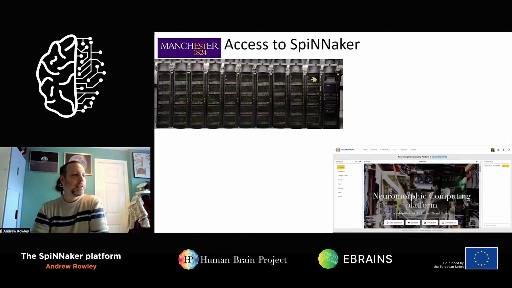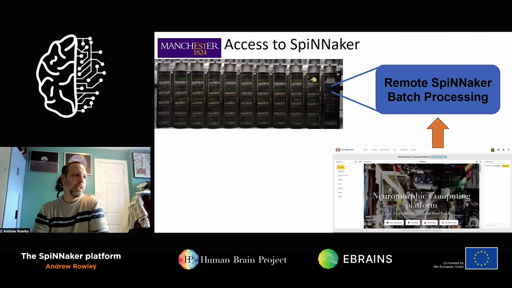Okay, so how can you access SpiNNaker using this software? You can connect through the EBRAINS portal, the Human Brain Project portal, basically through the collaboratory, and we're upgrading that to the collaboratory version 2. Basically, you can submit jobs for batch processing on the SpiNNaker machine. I mentioned there are some servers in our machine room that sit next to the machine here, and they handle this remote SpiNNaker batch processing.